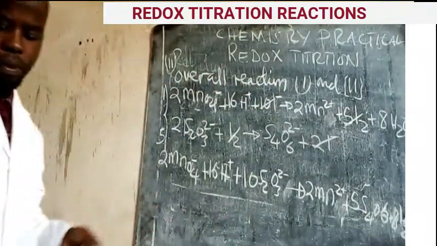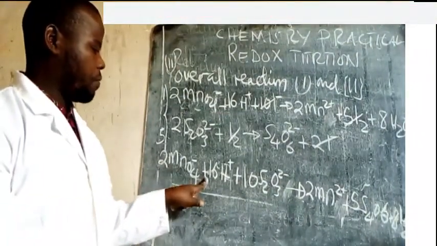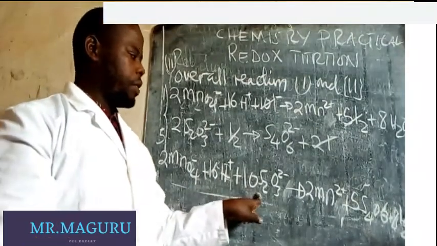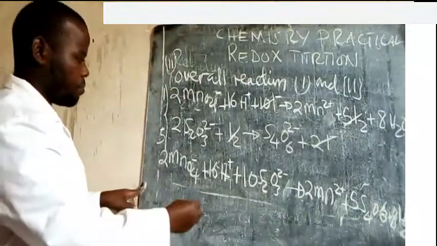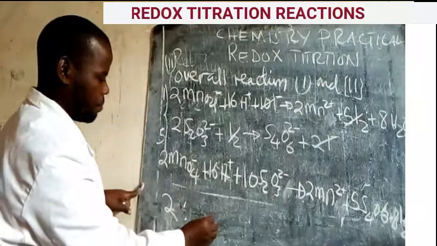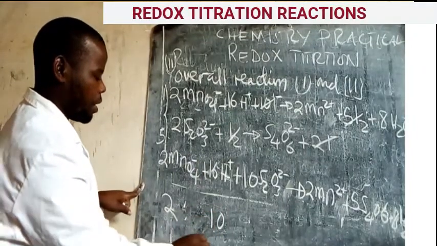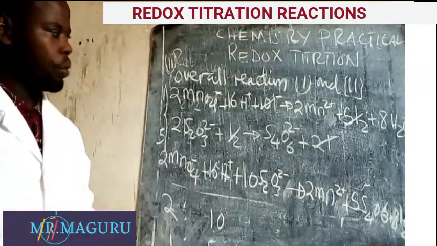So when we look at the product, we have 2 permanganate with 16 hydrogen ions and 10 thiosulfate. The product is this one and that one. So the molar ratio is 2 per 10, or you can say this is 1/5. That is the molar ratio.